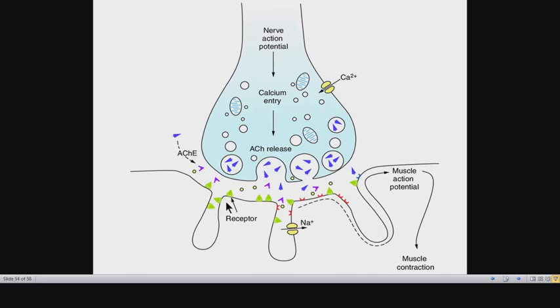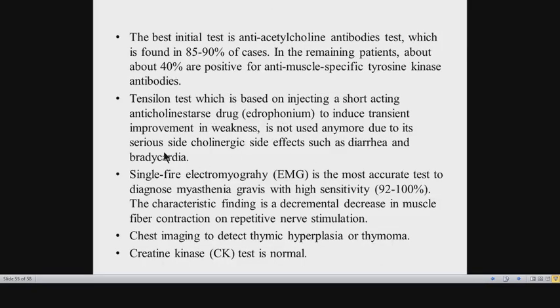This can lead to correction of the problem, and can lead to improvement in weakness. فبالتالي patient of myasthenia gravis who was having weakness initially ممكن to get improved after this test. هيحصل improvement للweakness لأنه هيكون في more acetylcholine activating acetylcholine receptors even لو إنه acetylcholine receptors يعني are deficient. This will lead to transient improvement in weakness. It's transient لأنه the drug is short acting. فبالتالي بتعمل transient improvement in weakness, and this will confirm the diagnosis of myasthenia gravis.